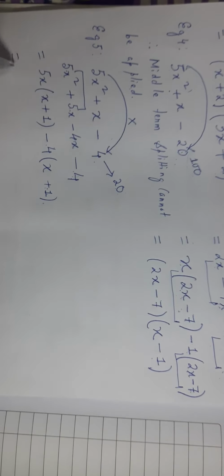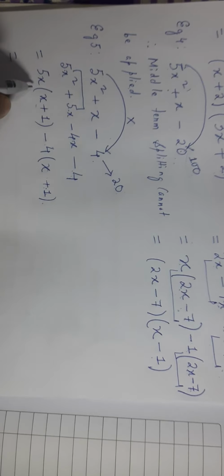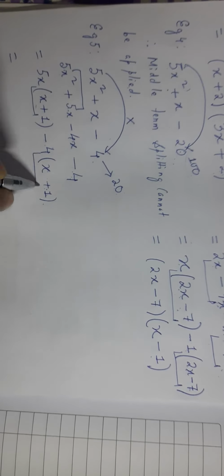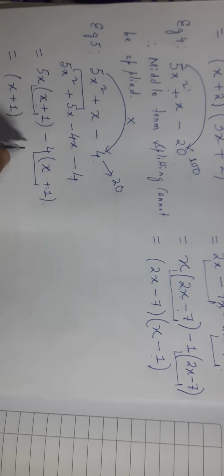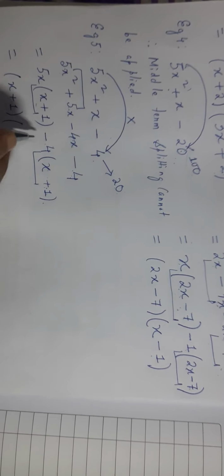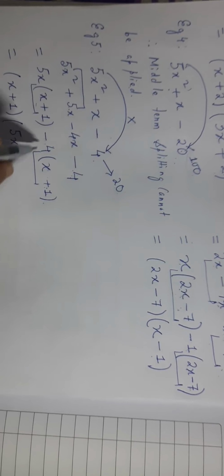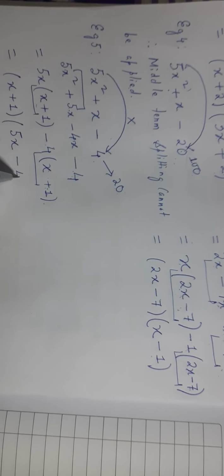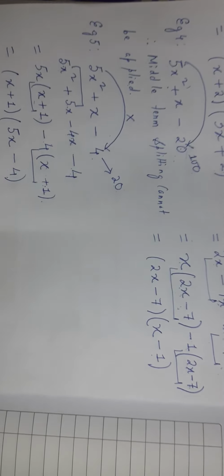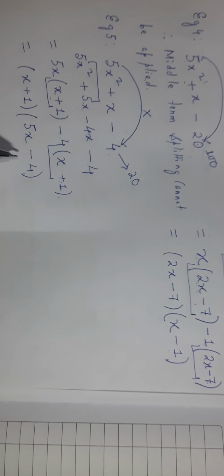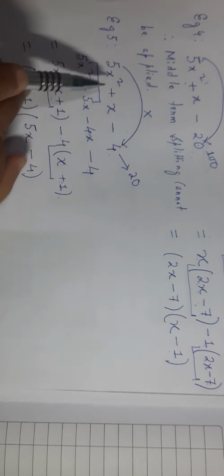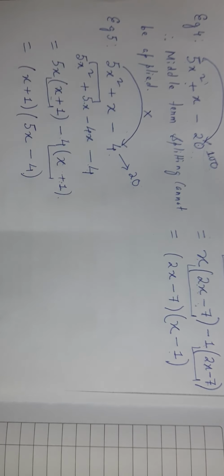Now out of these two terms we find x plus 1 is common. From the first term we are left with 5x, and from the second term we are left with minus 4. So these are the two factors of this expression 5x square plus x minus 4.